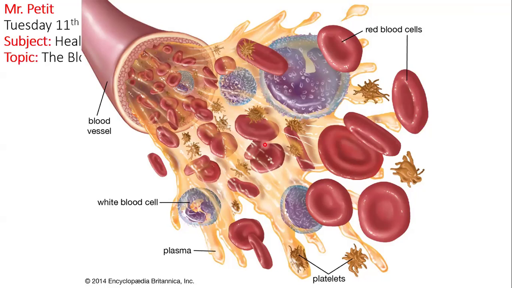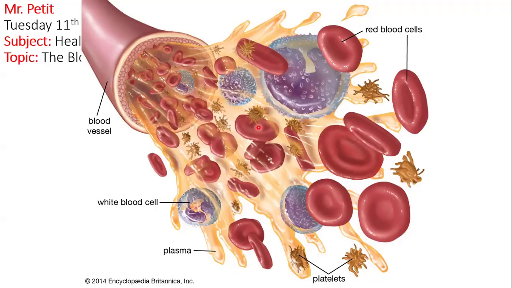Now, about 55% of the blood is made up of plasma. The rest is mostly red blood cells, which make up the majority of the cells in the blood. That's why the blood is red, right? But what gives the blood its red color? Hemoglobin. Yeah, hemoglobin gives the blood its red color.